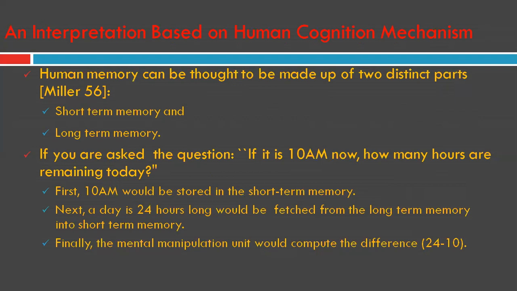Here, first 10 a.m. would be stored in the short-term memory. Next, the fact that a day is 24 hours long would be fetched from the long-term memory into short-term memory. And finally, the mental manipulation unit would compute the difference, 24 minus 10.